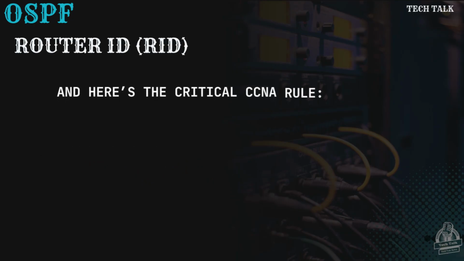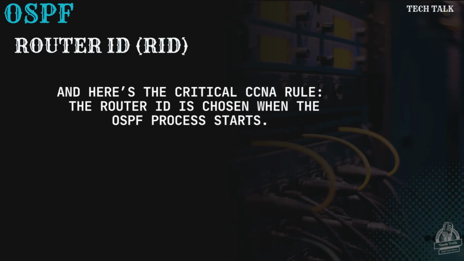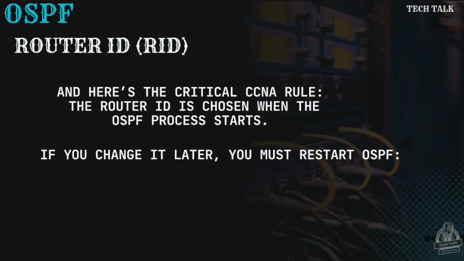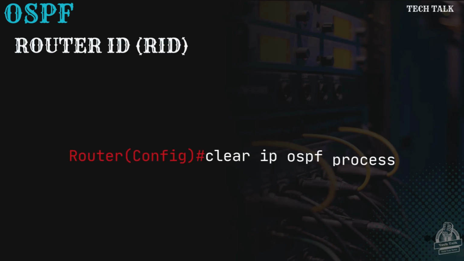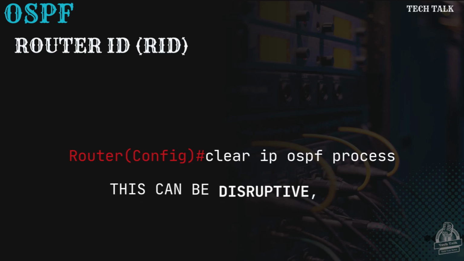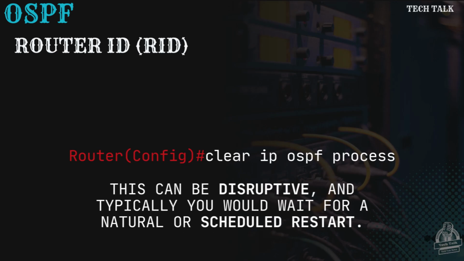And here's the critical CCNA rule. The router ID is chosen when the OSPF process starts. If you change it later, you must restart OSPF using the command clear ip ospf process. This can be disruptive, and typically you would wait for a natural or scheduled restart of the router.